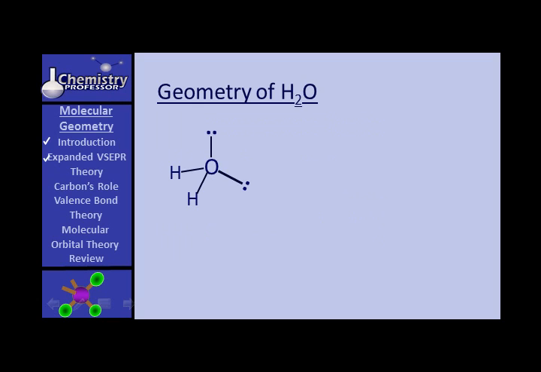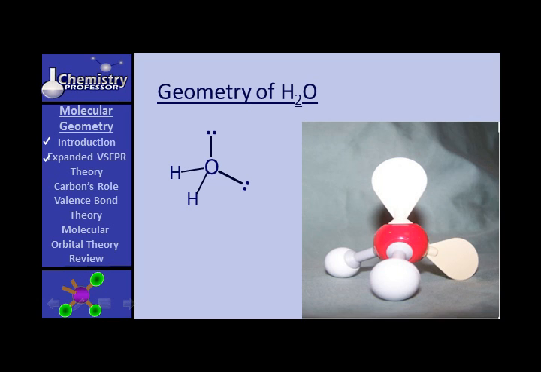This is the geometry of water. You have 2 hydrogens at 2 of the 4 points of the tetrahedron and lone pairs at the other 2. Here is a picture of how a model might look. Now I've used kind of an interesting shape there to show you the lone pairs, and you'll understand more about that as we get through some of the other geometries.